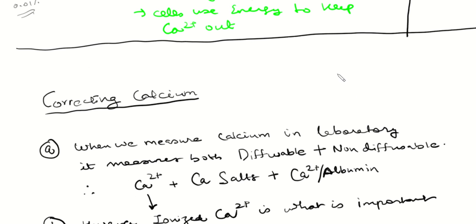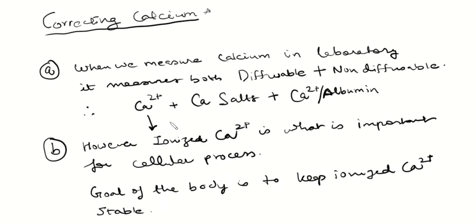Okay, so next thing we'll talk about is correcting calcium. Remember just a second ago we talked about when we are measuring calcium in the laboratory, we measure the diffusible one, which includes the ionized calcium, the calcium salts, and also the non-diffusible, which is calcium connected to albumin, right?